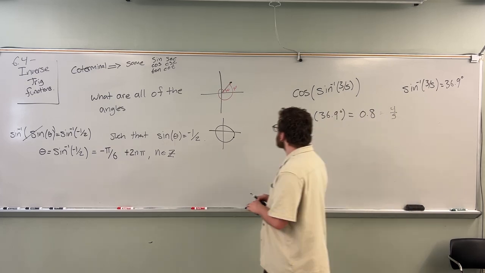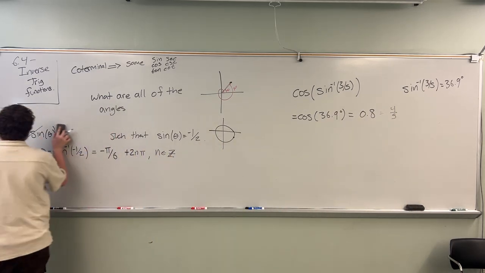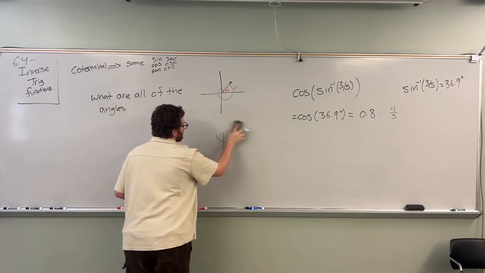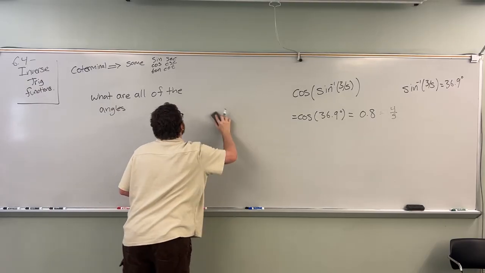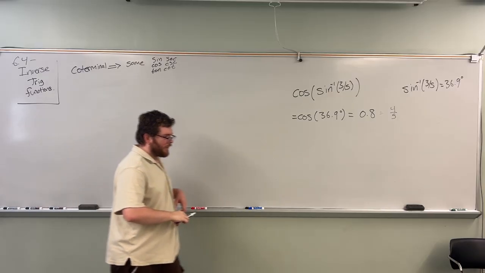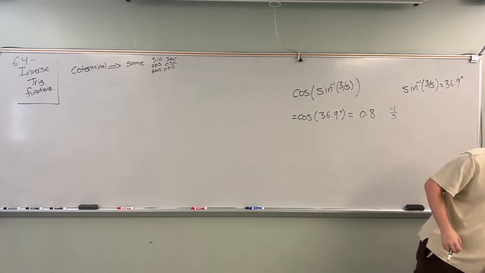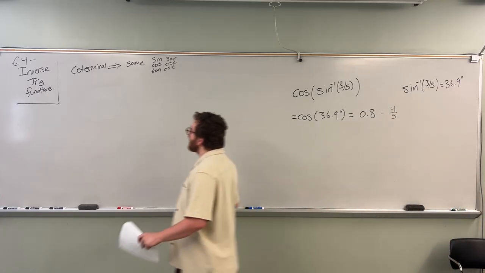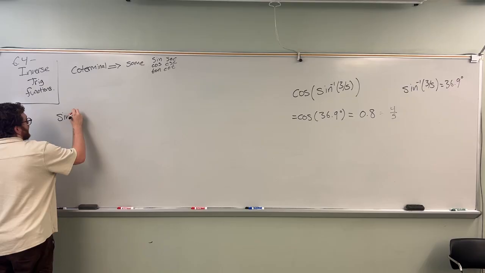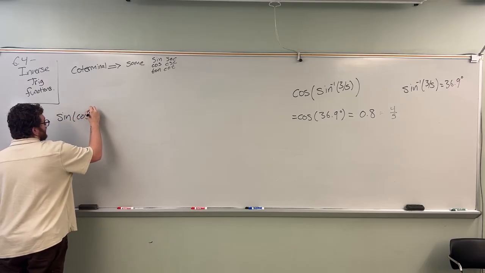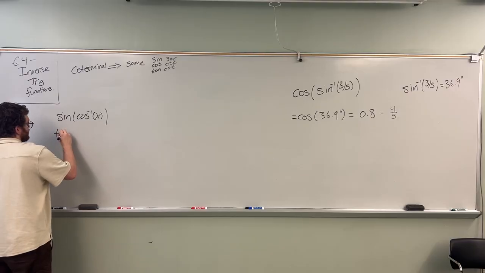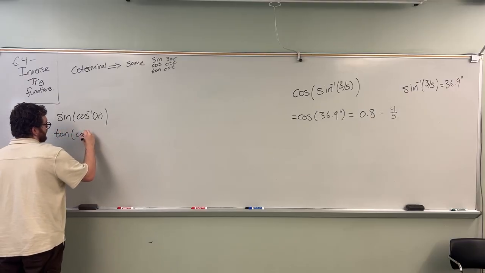Cool. I will be drawing out a different example because this was highlighted in the book a couple of times, so I figured it might as well be addressed. Say for instance, I have sine of inverse cosine of x and tangent of inverse cosine of x.